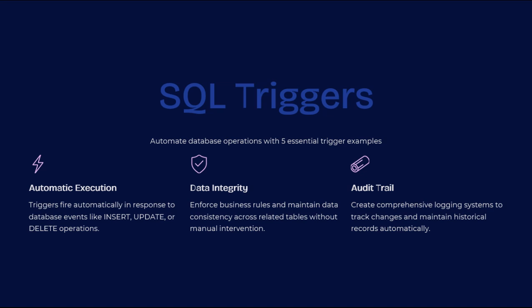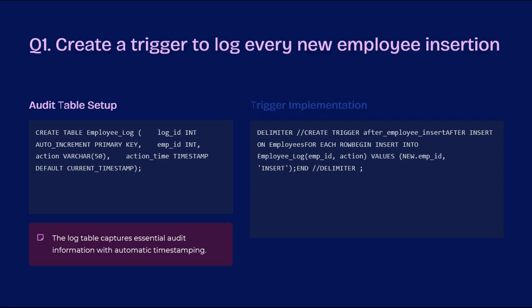Create comprehensive logging systems to track changes and maintain historical records automatically. So the first trigger is create a trigger to log every new employee insertion, and here the audit table setup is already given and you can create the trigger implementation on your right side screen. So please create this table and then implement this trigger.